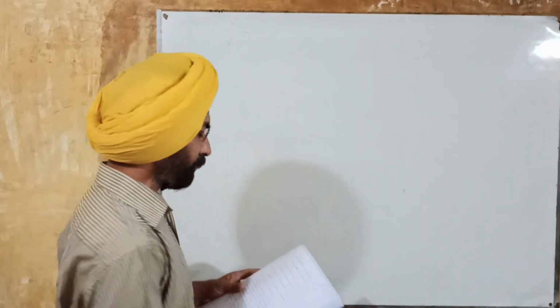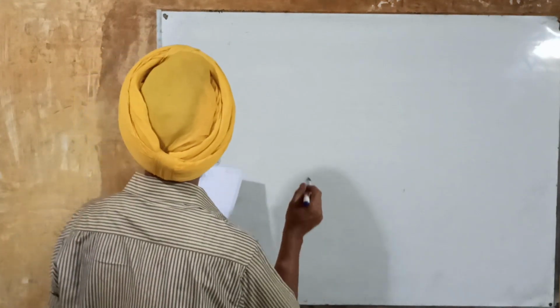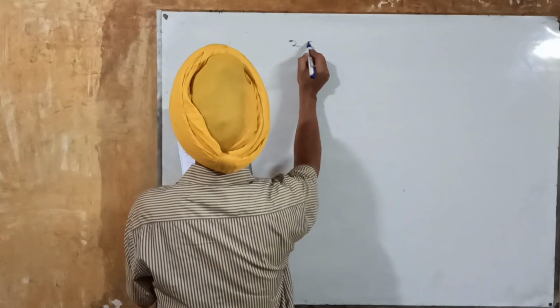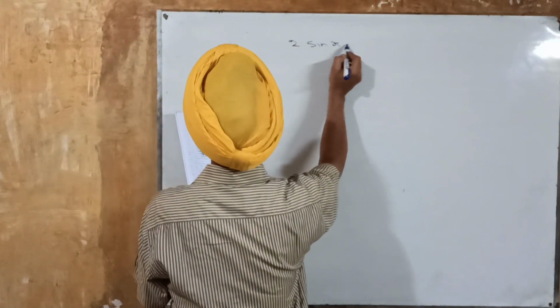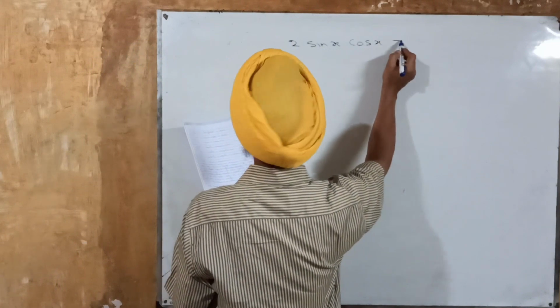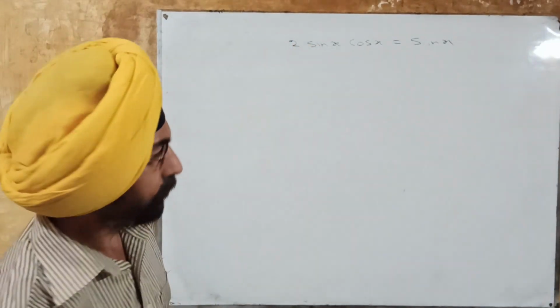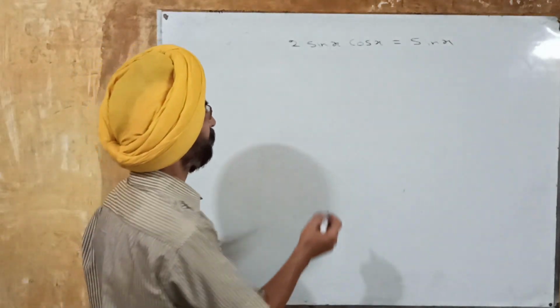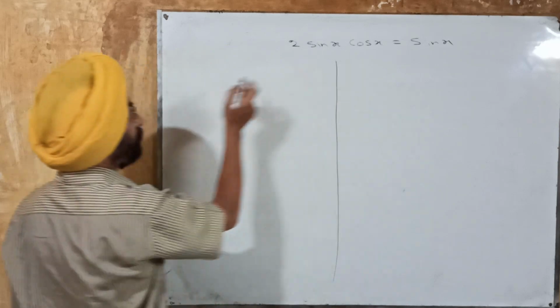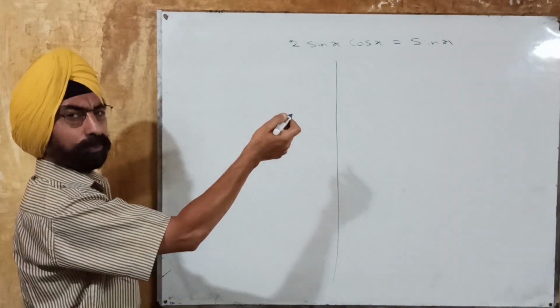The second one I am taking here is 2 sin x cos x is equal to sin x. There are so many ways. So you can tackle this problem in 2 ways. I am showing you.